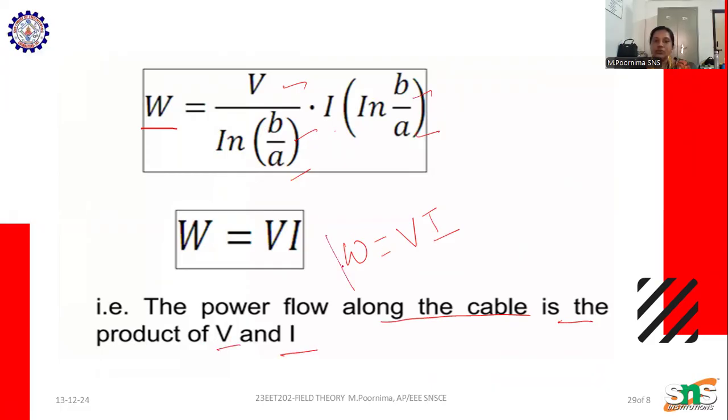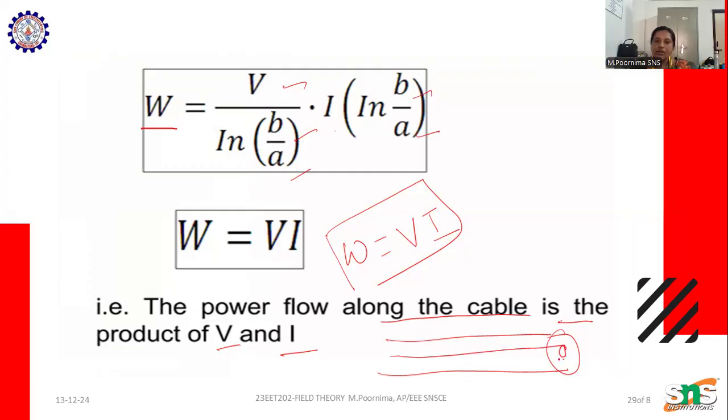The total power across the coaxial cable is equal to V into I, the voltage applied times the current flow. This is the Poynting vector and power across the coaxial cable.